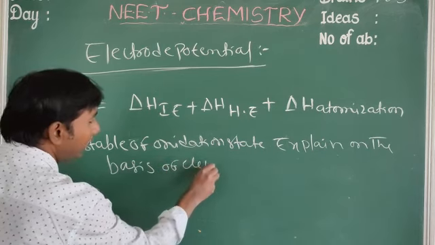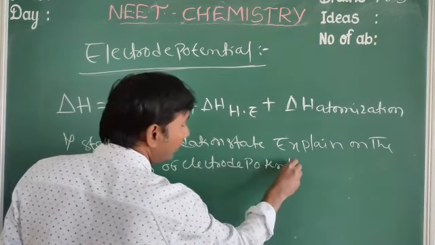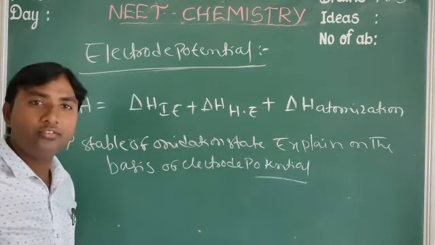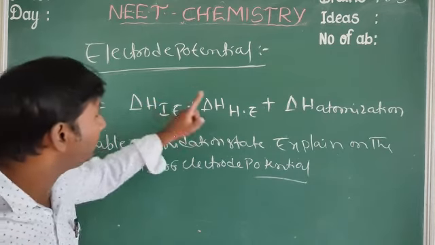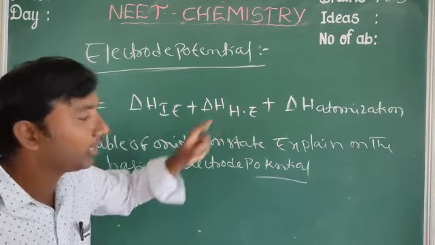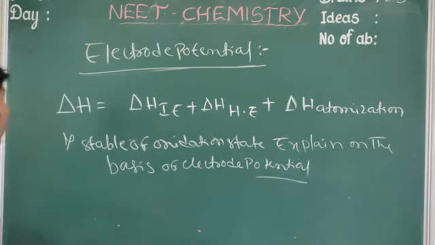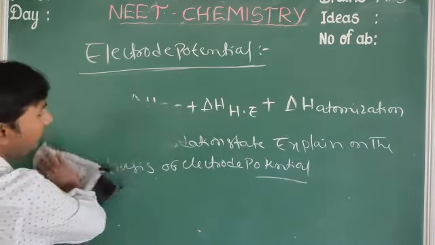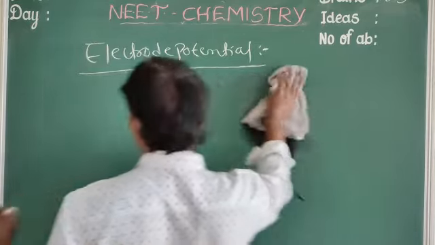How are these measured for transition elements? It is ionization energy plus hydration enthalpy plus atomization.